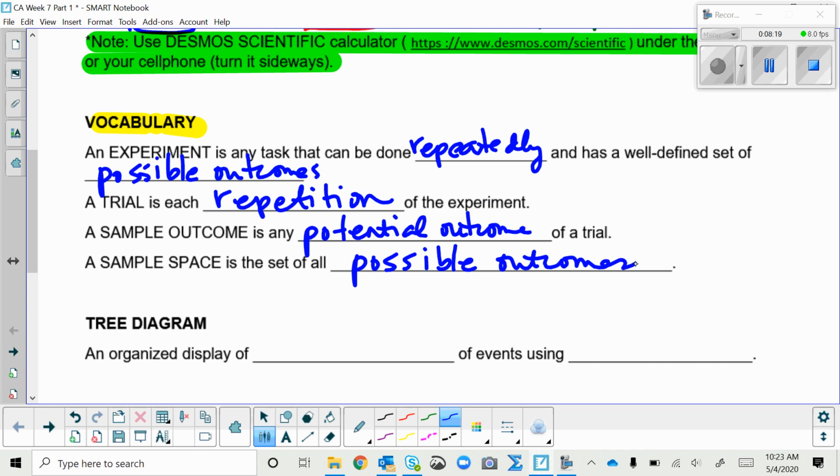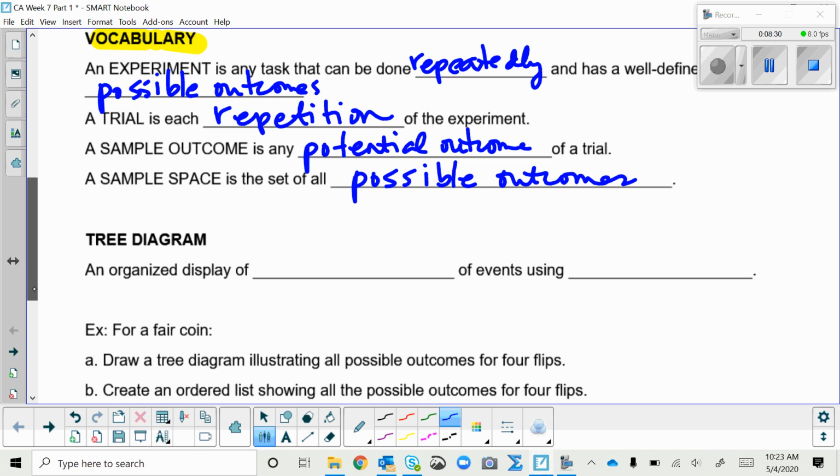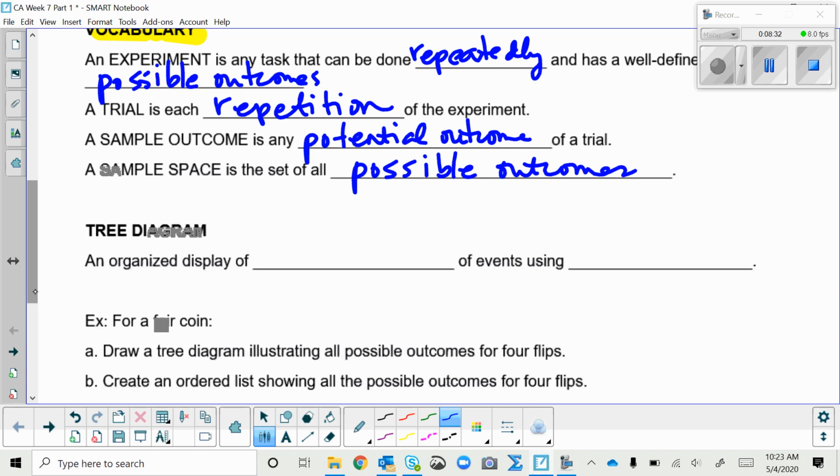So flipping a coin, my sample space, there's 2 possible outcomes. It's heads or tails, and that's one. The set of both includes both of them. This could probably be extended to use our vocabulary as just sample outcomes. The sample space is the set of all sample outcomes, which we defined.